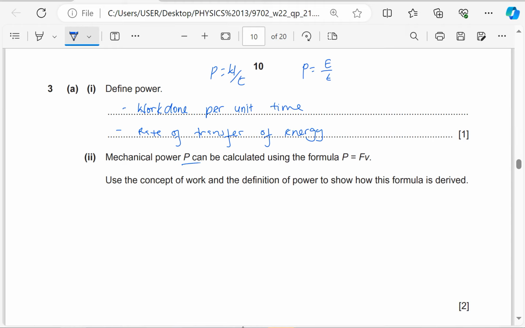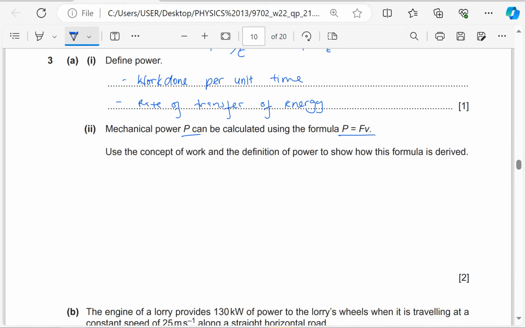Mechanical power P can be calculated using the formula P equals FV. Use the concept of work and the definition of power to show how this formula is derived. Using the concept of work, we know work done is equal to force times displacement, S standing for displacement.